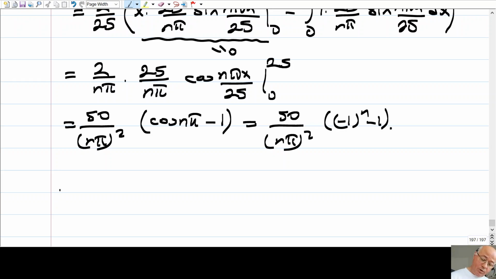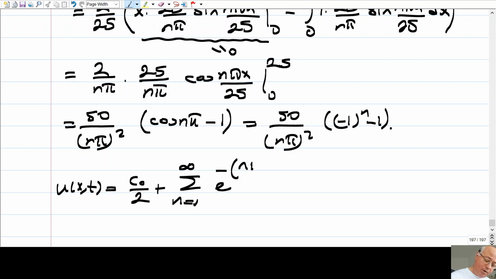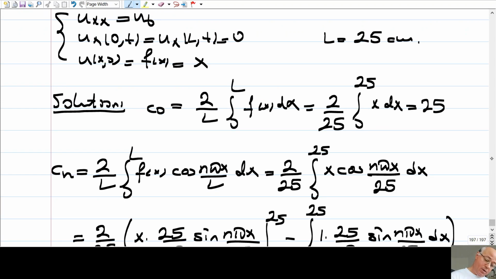So the solution u(x,t) is C0 over 2 plus the sum from 1 to infinity of e to the power minus n pi, alpha is just 1, right?